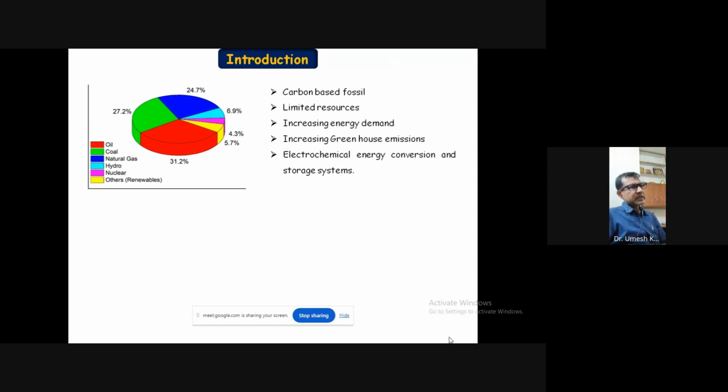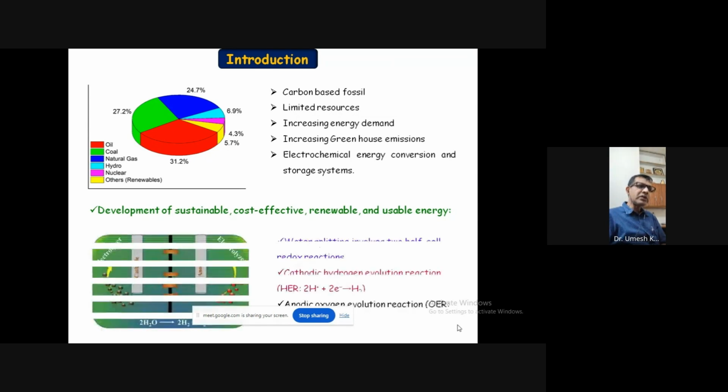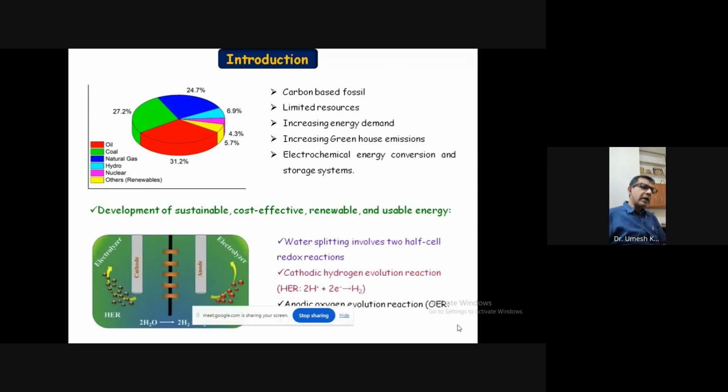So electrochemical energy conversion and storage systems are required for green and clean energy. For this purpose, we need the development of sustainable, cost-effective, renewable and usable energy. And nowadays, in the last one or two decades, people are using water splitting reactions to generate hydrogen energy.